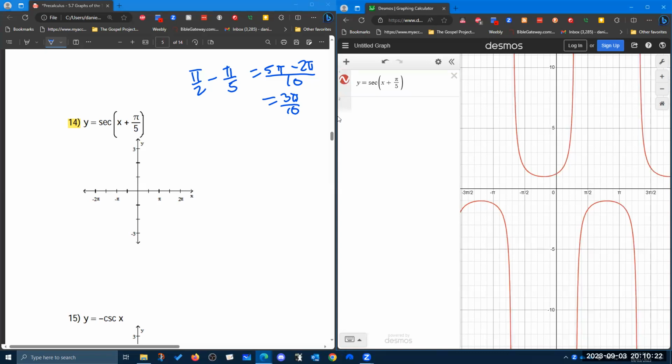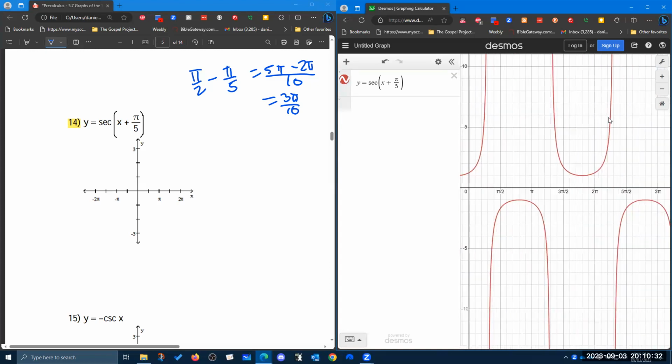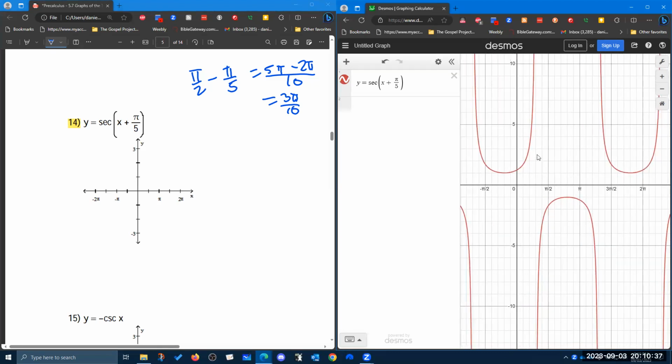So 3 pi over 10 is this asymptote that is right here. And then if I were to get to that point in the cycle again over here, it's going to be 2 pi away, but halfway between there, pi radians away. So at 13 pi over 10, there's going to be another one, and so on.